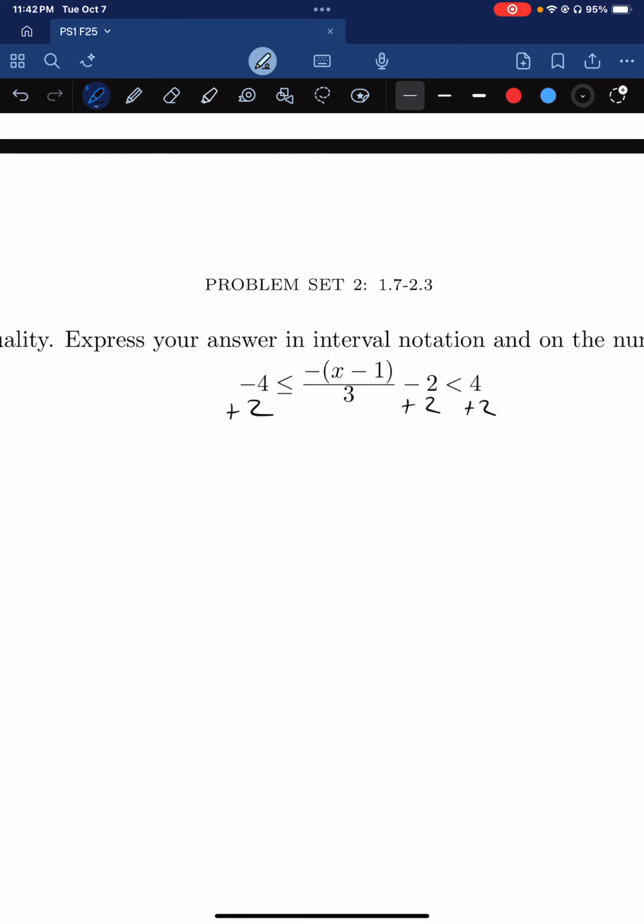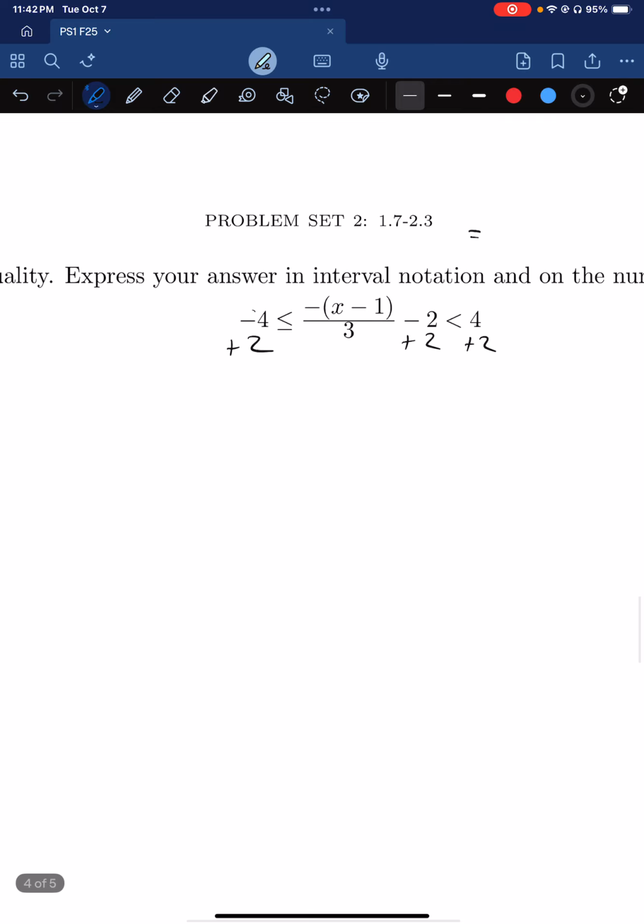And so what I do to one side, I've got to do to all sides. So like what we have with equal signs normally, except now it's on all sides, which is very enjoyable. So we get negative x minus 1 over 3 less than 6.